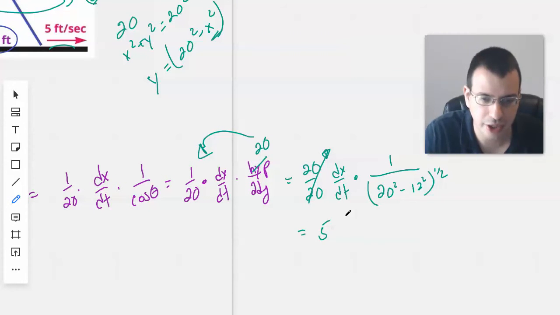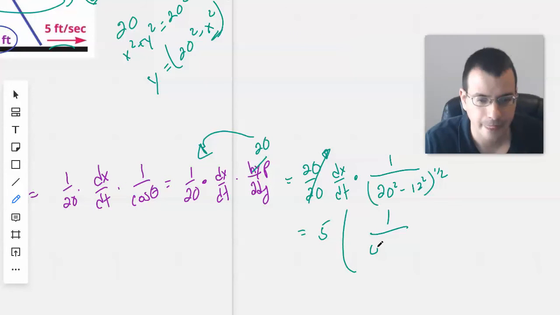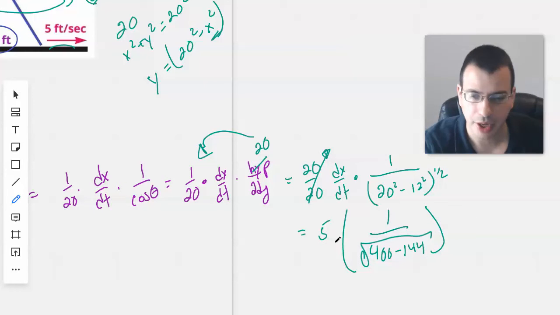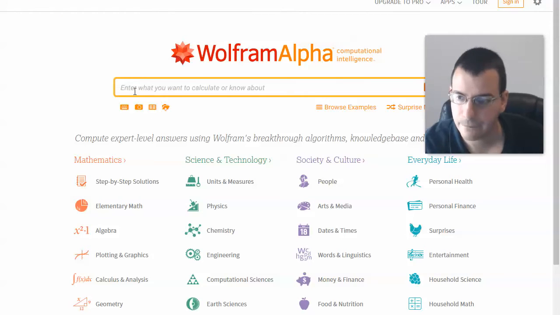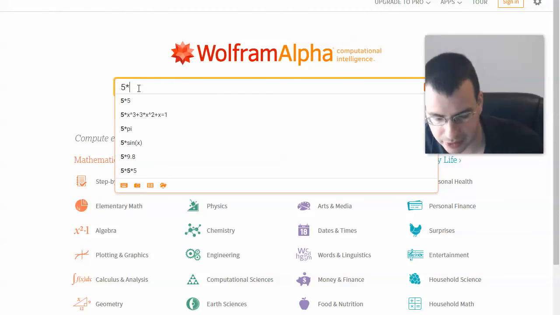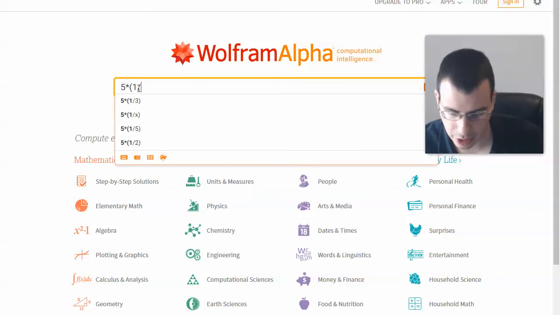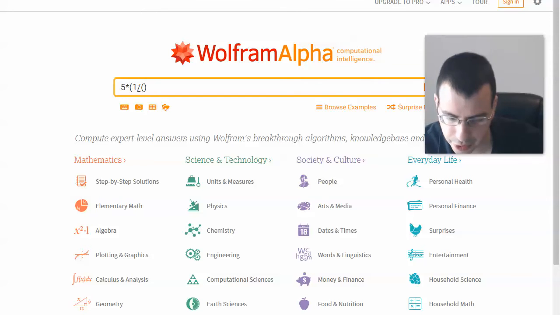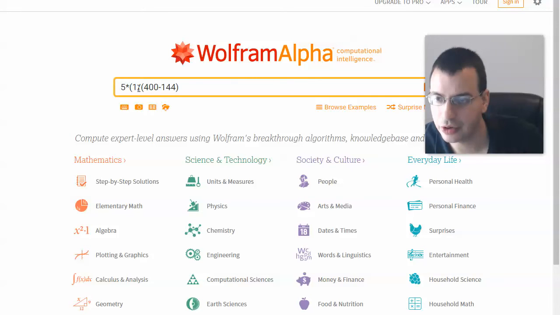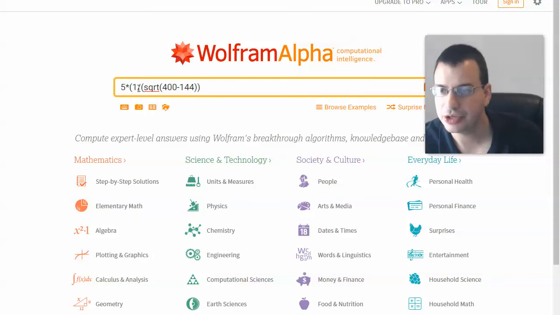So this is where I'm going to use Wolfram. So it's 400 minus 144, square rooted. So we have 5 times, and you could do this on a calculator, it's not that difficult, 400 minus 144 in brackets, square root, maybe another parentheses.